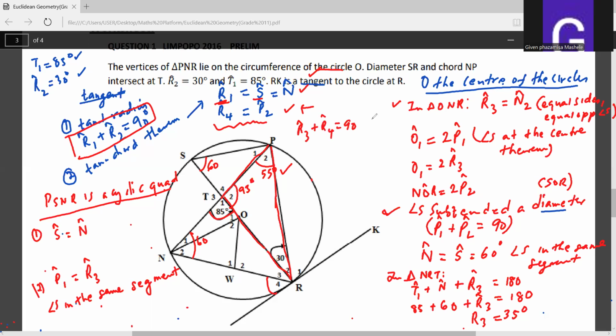So since we know R4 is 55, R3 will be 90 minus 55. So it still will be 35 degrees. You see, there are many ways to skin a cat. It will be the same, 35 degrees. So we got the value of R3, it's 35 degrees.